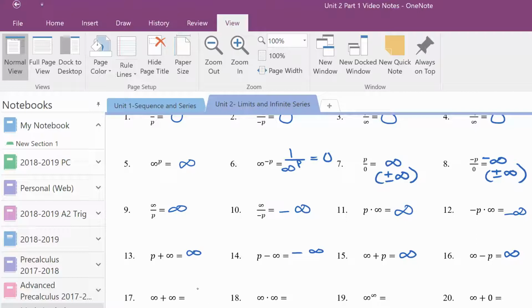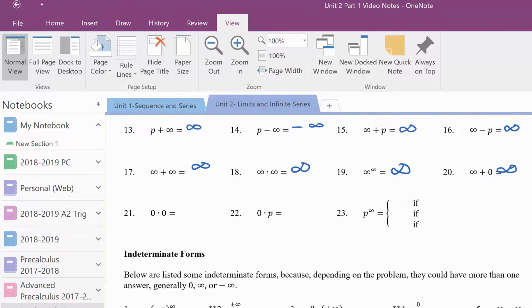Infinity plus infinity is infinite. Infinity times infinity is infinite. Infinity to the infinity is infinite. Infinity plus 0 is infinity. 0 times 0, that is 0.